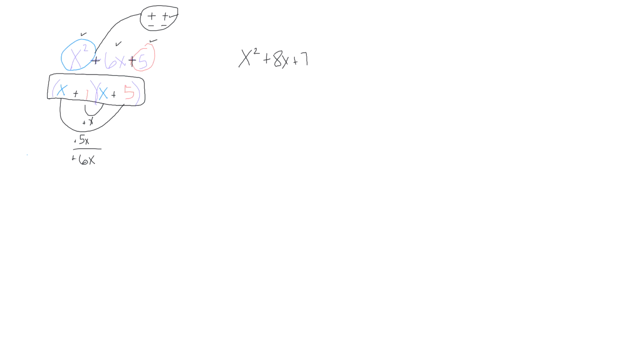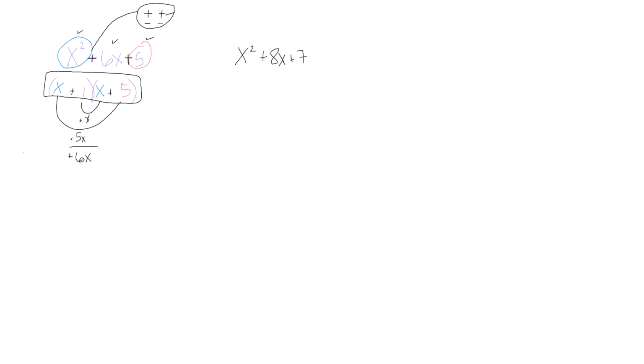x squared plus 8x plus 7. Break it down into 2 smaller binomials. First term is x squared.